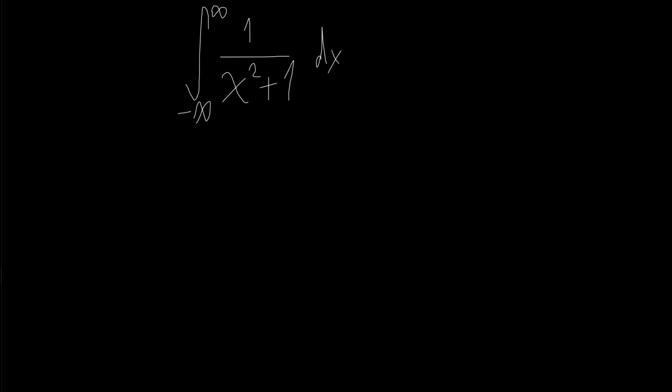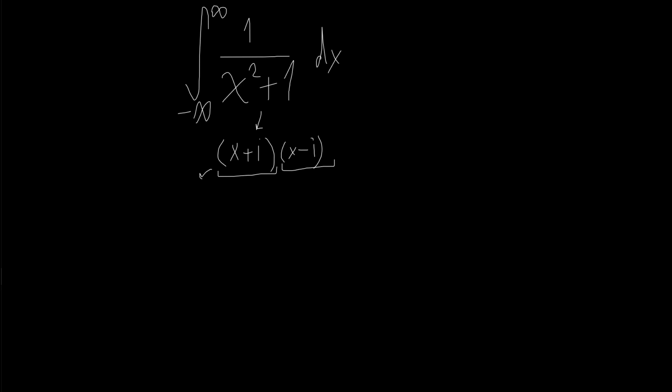Okay, well, how do we actually solve this? Let's see over here. On the bottom, we can split this into x plus i times x minus i. So these two factors will show you the poles of the system.